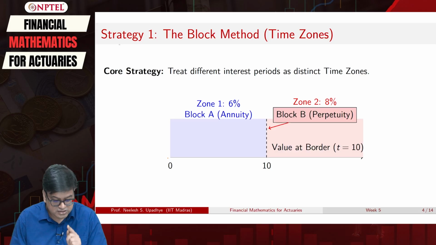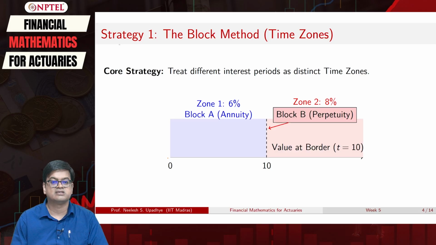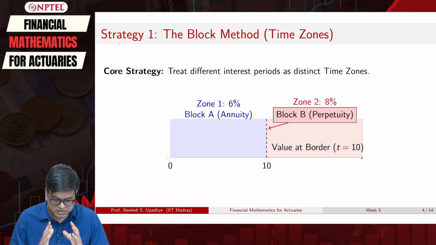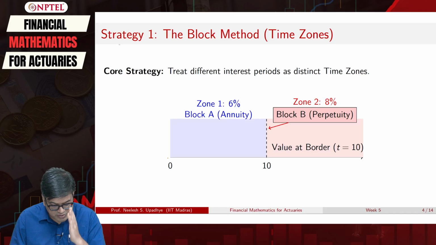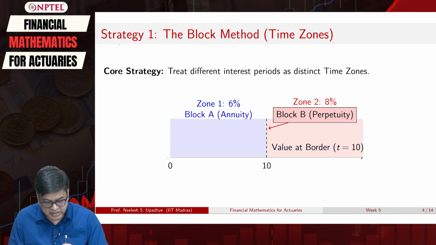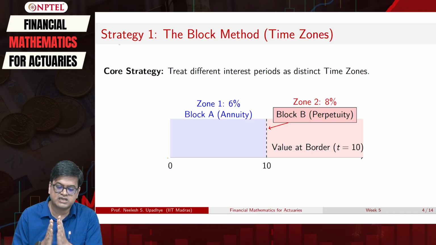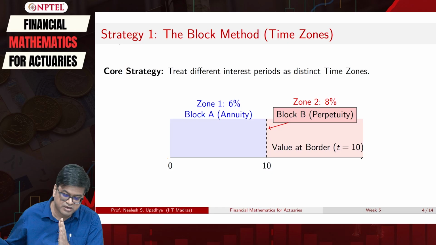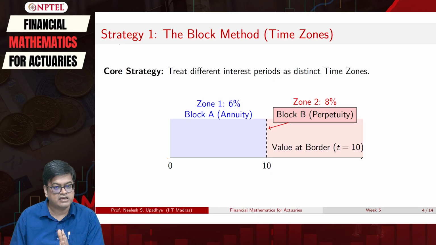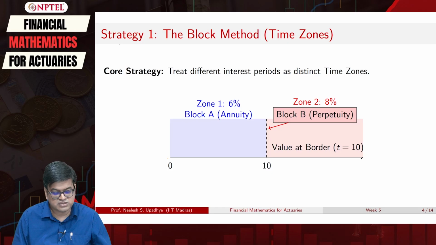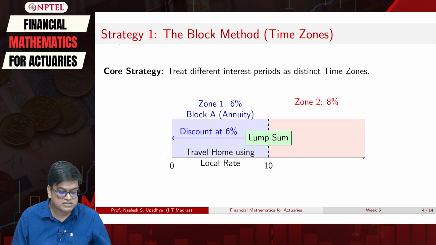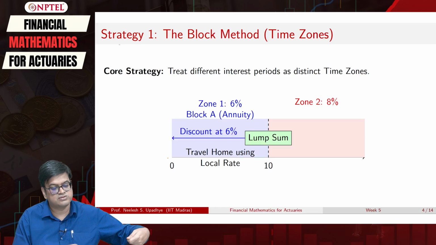What matters is the value at t equal to 10. We need to determine that value. So we will develop a strategy around this. Once we determine this value at 10, which essentially comes from block B, the perpetuity, we will discount this value by 6% and take it to time 0.